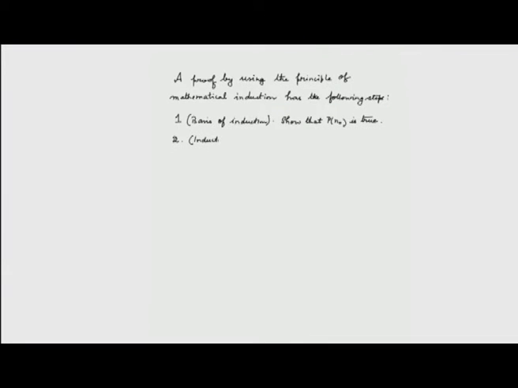2, induction hypothesis. The induction hypothesis is a hypothesis that P(k), the statement that we get by putting the value of n equal to k, is true.